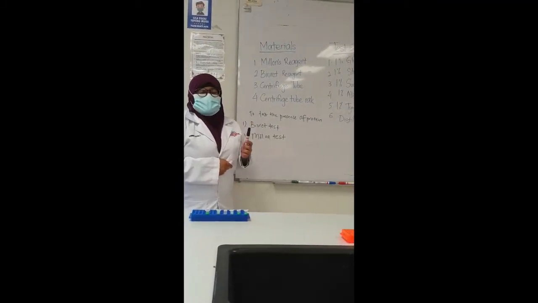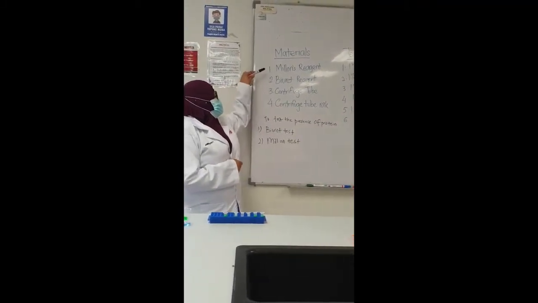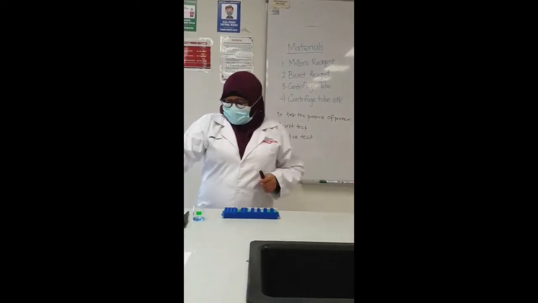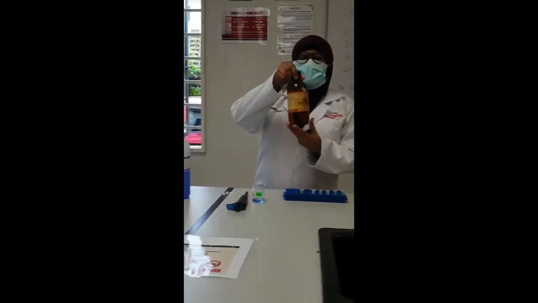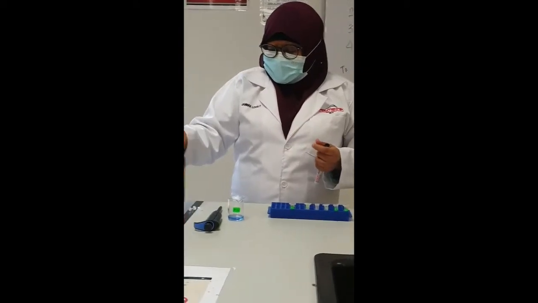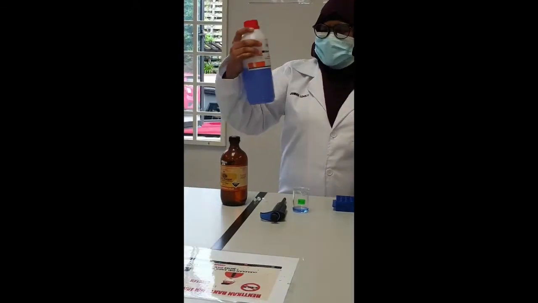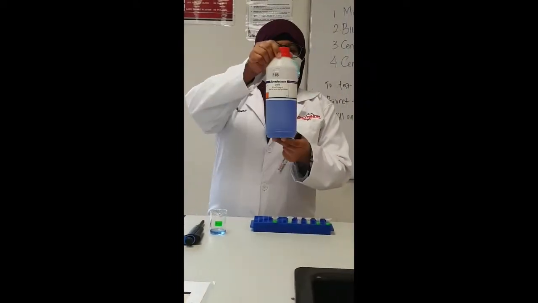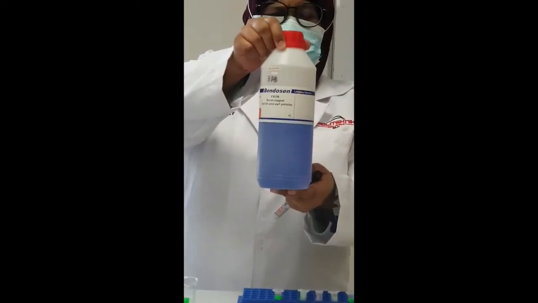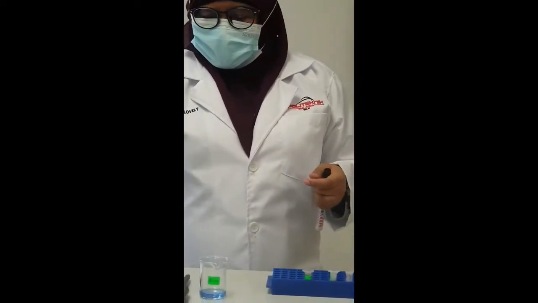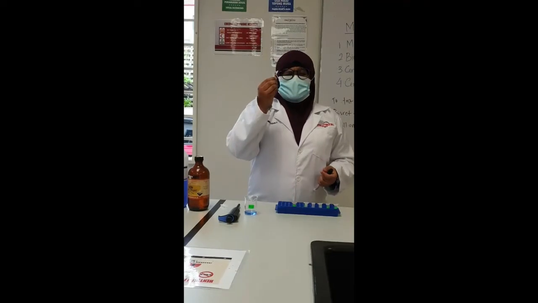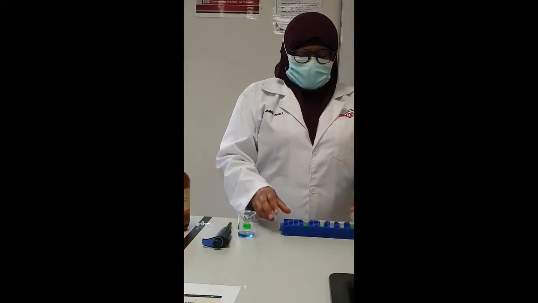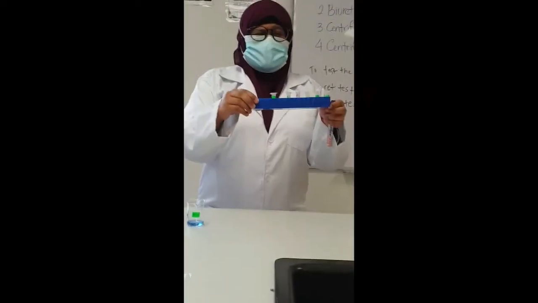The materials needed are Millon's reagent. Okay, this is the Millon's reagent. Second is the Biuret reagent, then centrifuge tubes and a centrifuge rack.